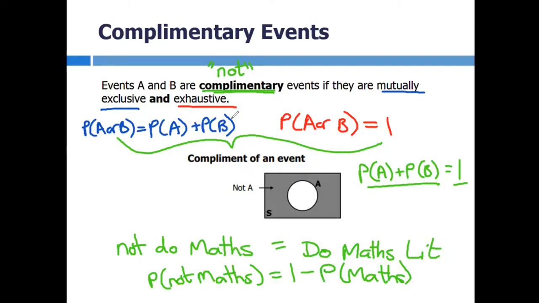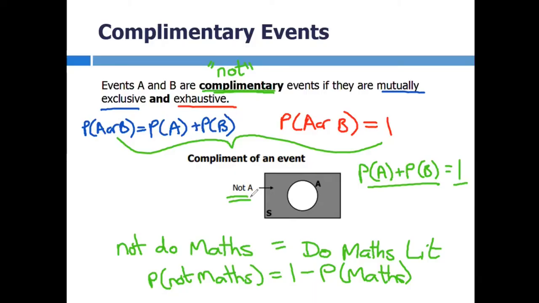Okay, so Natalia, yes, complementary events have to be exhaustive. So the A plus the B will be equal to 1. It will be equal to your total sample space. There'll be nothing outside of it. And the most common way of saying complementary is we use that word not, because not is automatically the opposite. But yes, they will also add up.